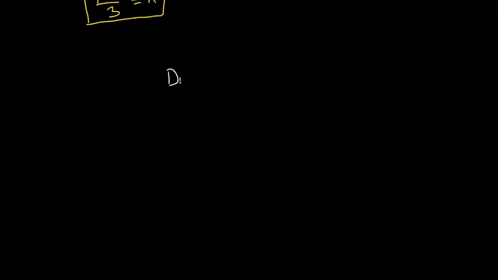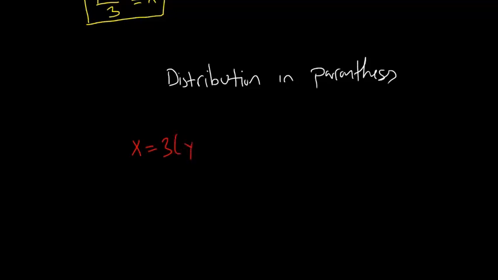So we'll explore distributing values through parentheses. Okay, so in this first problem, we have x equals 3 times y minus 4. So what we want to do is simplify this.